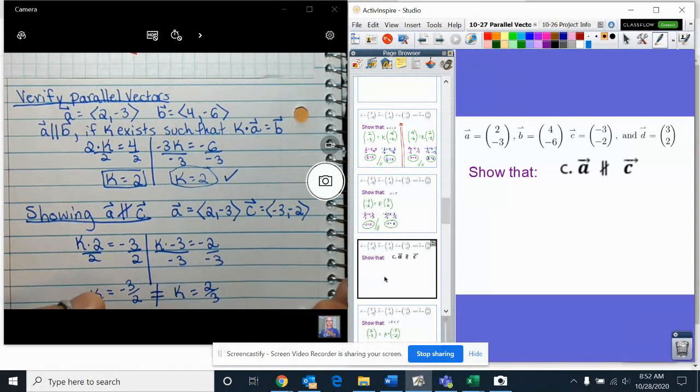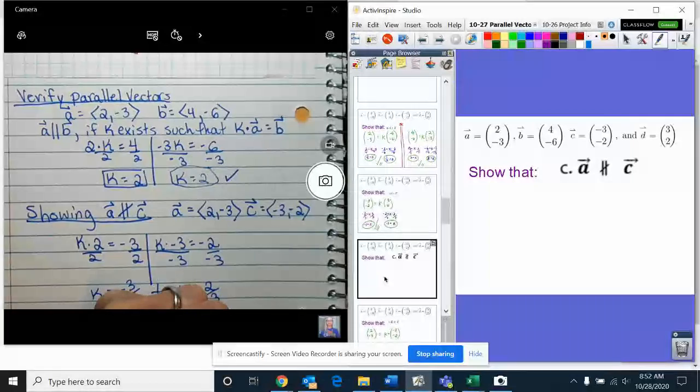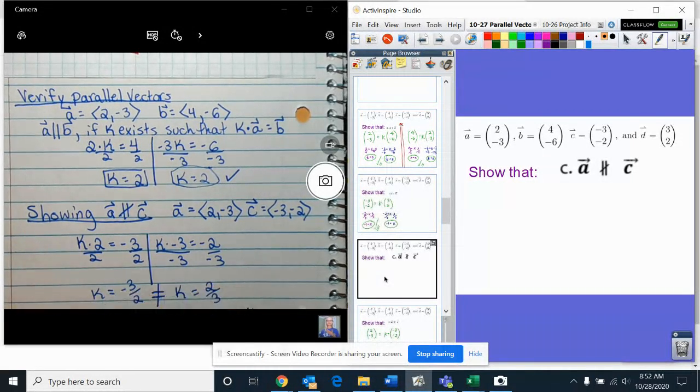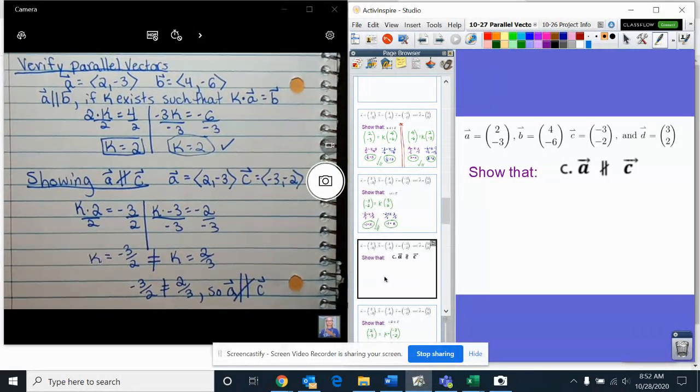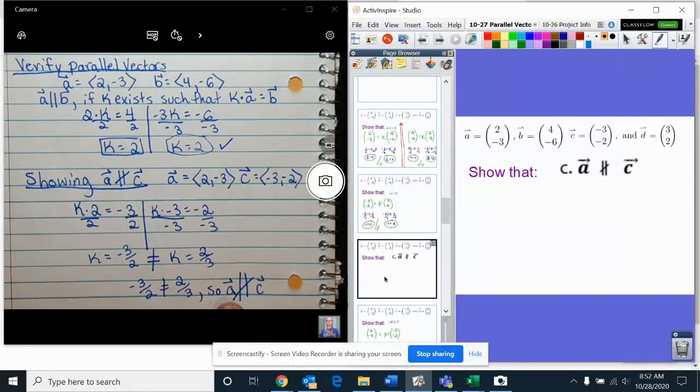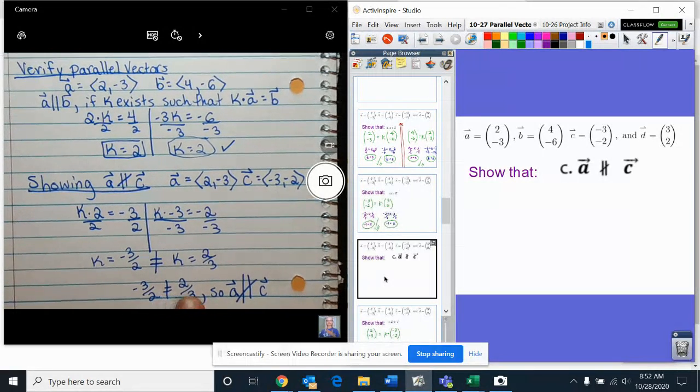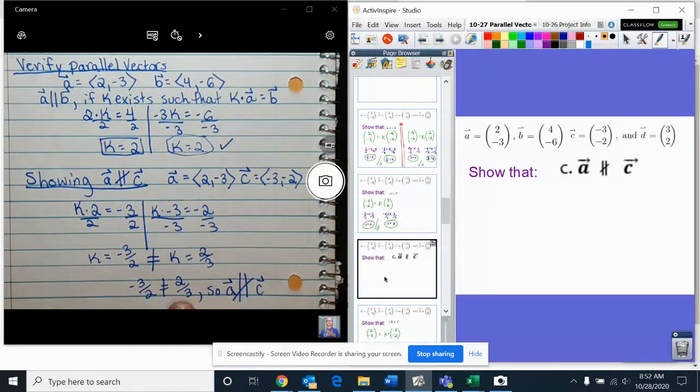Negative 3/2 does not equal 2/3. So vector A and vector C are not parallel. Oh, I'm sorry, you can't see that. And so this is why, because that scalar multiple is different between the components.